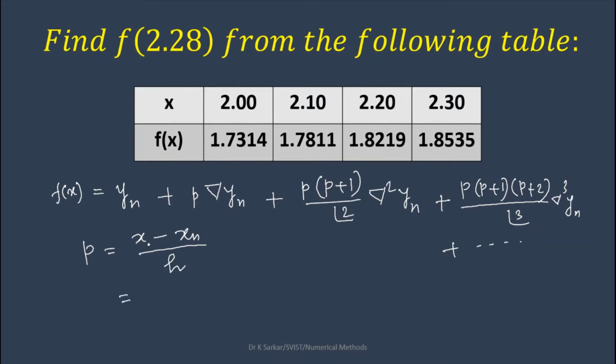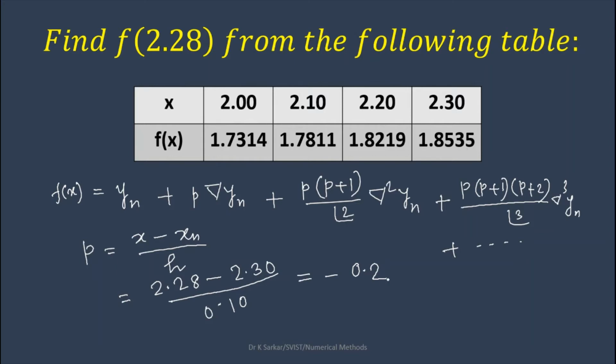Value of x is 2.28 and xn is 2.30, and the value of h is 2.10 minus 2.00, that is 0.10. So the value of p is minus 0.2.